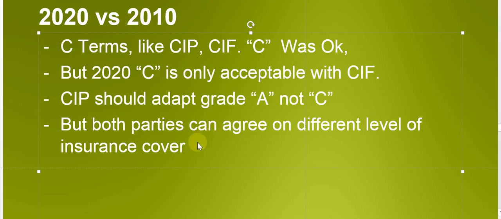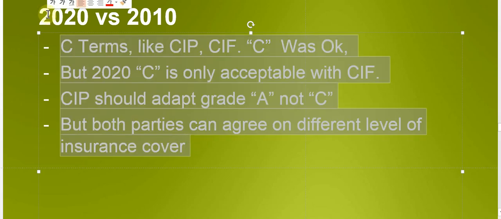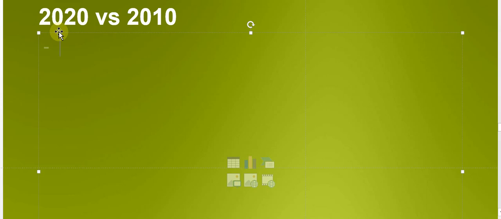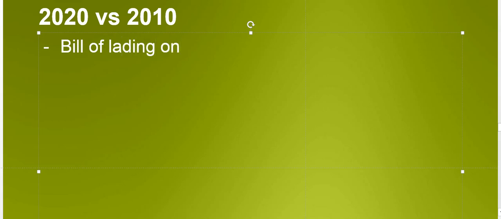Another very prominent and important difference is the bill of lading. Regarding the bill of lading on FCA terms: the bill of lading is necessary for negotiation after shipping.